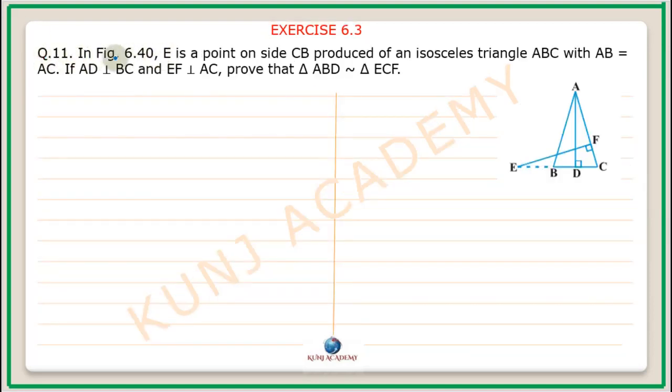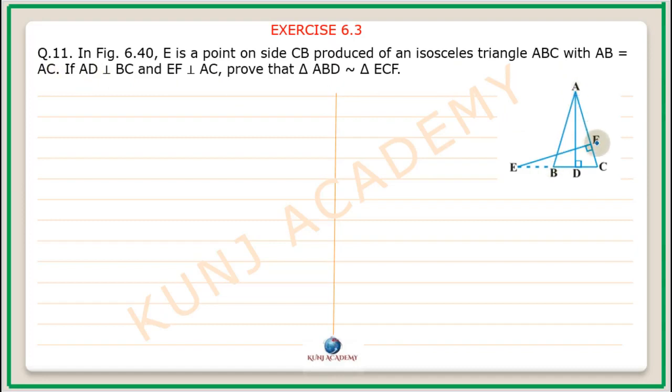Question. In the figure, E is a point on side CB produced, of an isosceles triangle ABC. ABC is an isosceles triangle, AB is equal to AC.